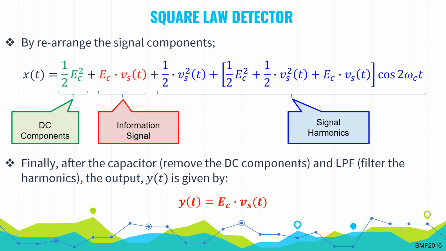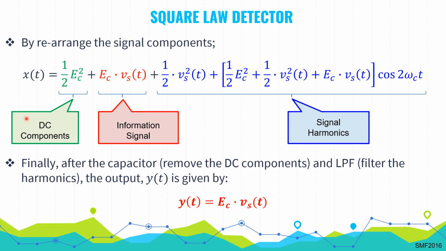Let's rearrange the signal components from the square law detector to better understand the demodulation process. The output of the square law device x of t can be expressed as x of t equals 1/2 E_C squared plus E_C times V_S of t plus 1/2 V_S of t squared, plus (1/2 E_C squared plus 1/2 V_S of t squared plus E_C times V_S of t) multiplied by cosine of 2 omega_C t.